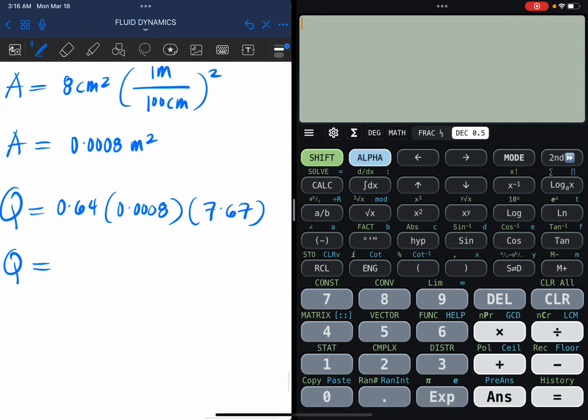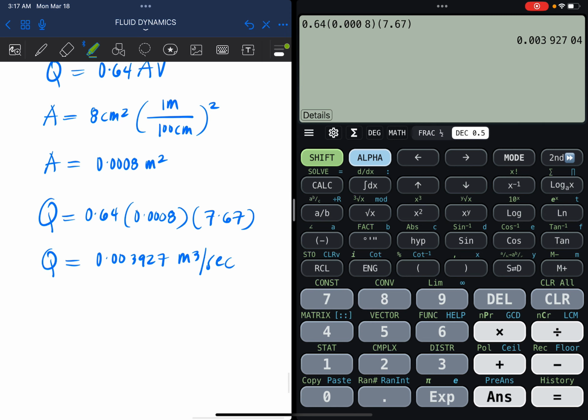So, that is 0.64 times 0.0008 times 7.67. So, that is 0.0033927 cubic meter per second. So, ito yung final answer.